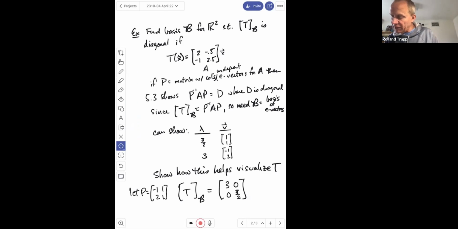So we have two ways of looking at our linear transformation. One is the original matrix, and the other is the matrix with respect to the B basis.